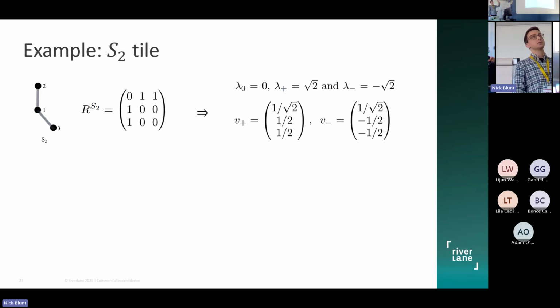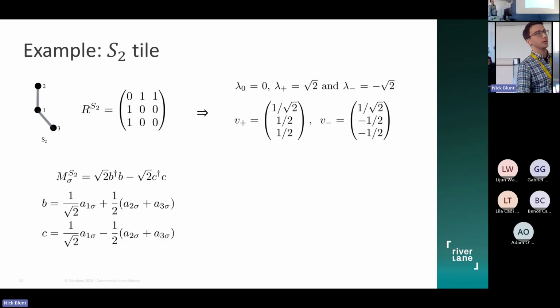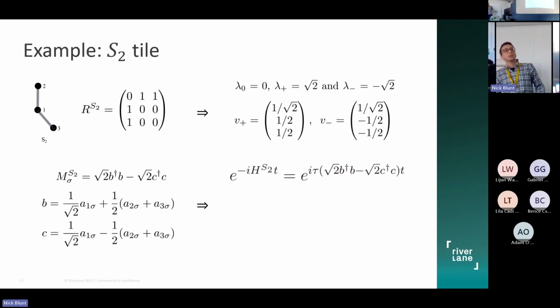And then using these eigenvectors, we can define these new fermionic operators that I call B and C. And then we can write this operator M as root 2 B dagger B minus root 2 C dagger C. And so using this, we can write the time evolution operator. But at this point, you could say that this hasn't really helped us because we want to work out how to implement this as a quantum circuit.